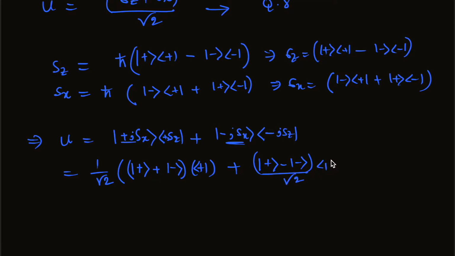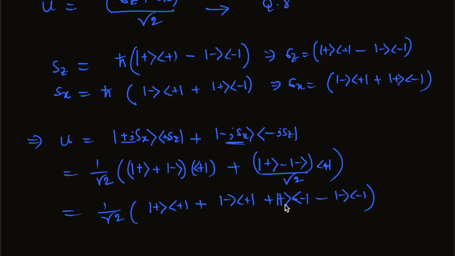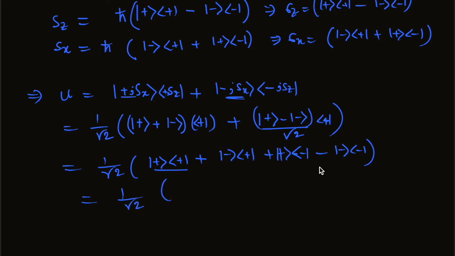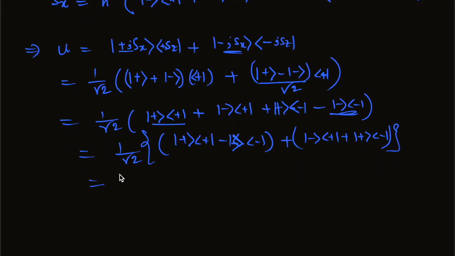So it will be 1 by root 2 times: plus-plus plus minus-plus, and plus-minus minus minus-minus. This term and this term give plus-plus minus minus-minus, which is nothing but sigma Z, and plus-minus plus minus-plus is sigma X. That means 1 by root 2 of sigma Z plus sigma X. That means this general relation also holds.